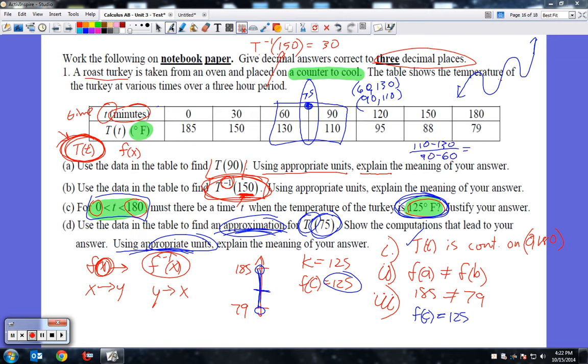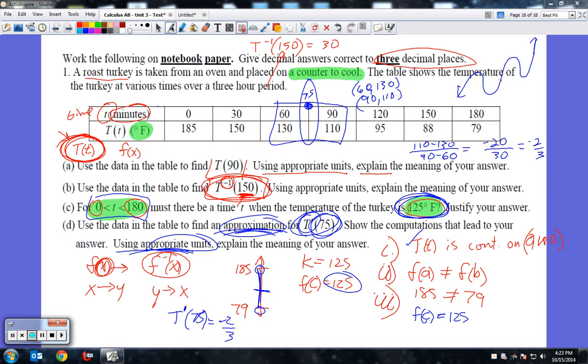And we're going to get negative 20. So 110 minus 130 is negative 20. It will be over 30. And this is going to equal this negative 2/3. This right here, T prime of 75 is equal to negative 2/3.